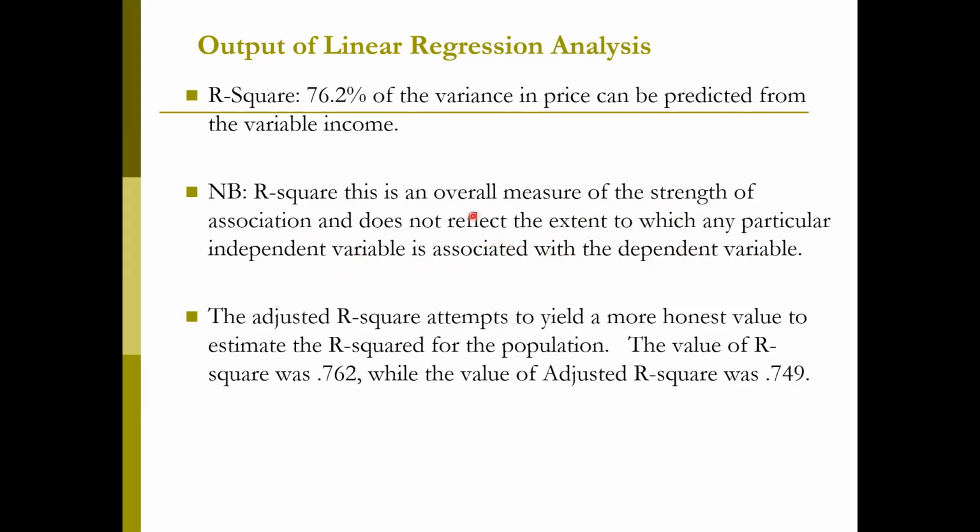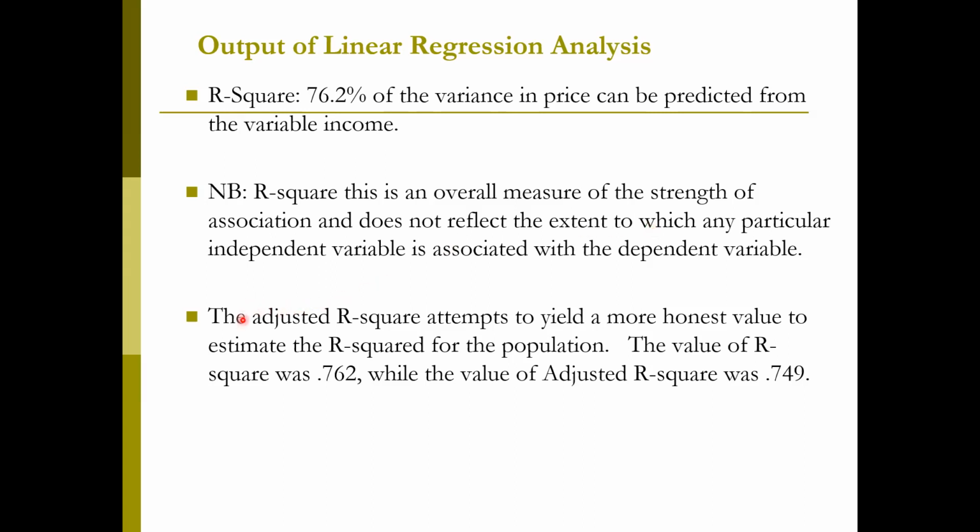In a nutshell, the R square is measuring the overall strength of association, not causality. So the R square measures the overall strength of association between what? The dependent and independent variable, not causality.